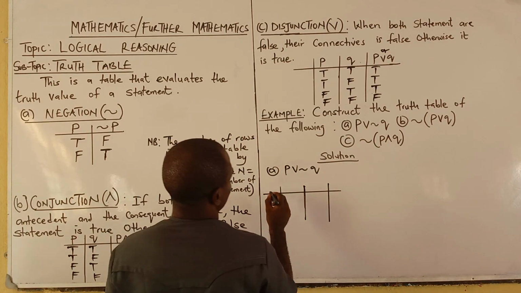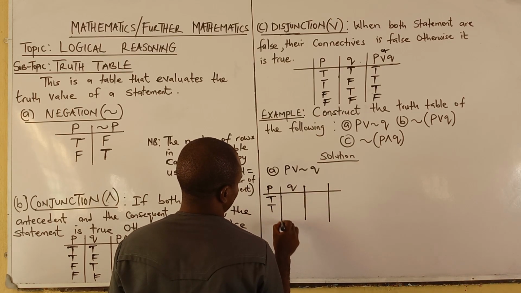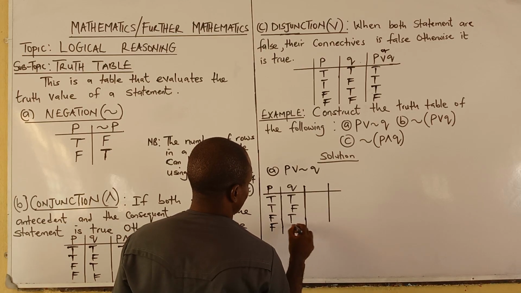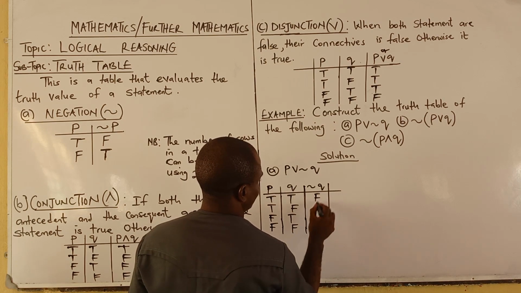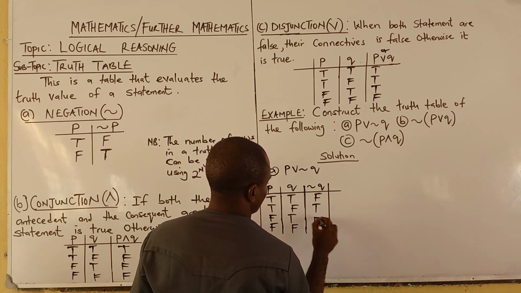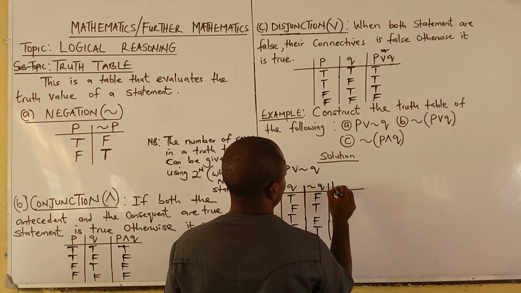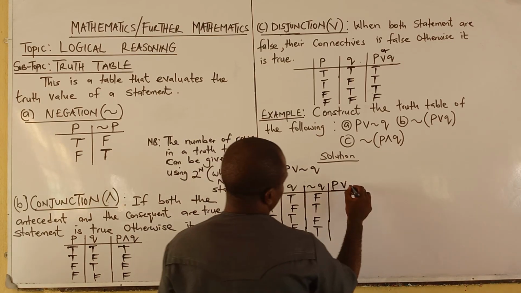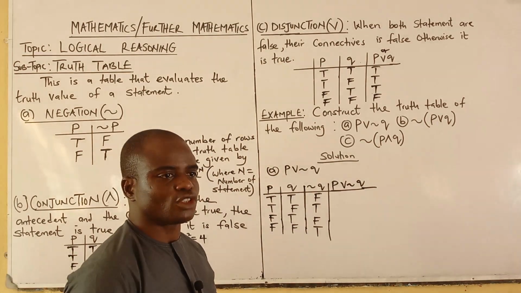Okay, let's add P, Q. You have T, T, F, F. That's T, F, T, F. Let's negate Q. When you negate this Q, you have F, T, F, T. Okay, now let's look for P disjunction negation of Q. Don't forget the condition for disjunction.